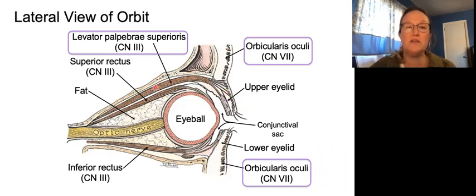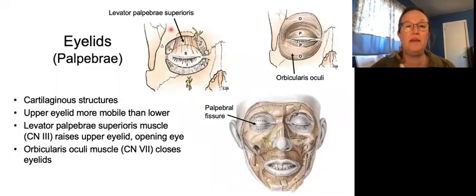So when this muscle contracts, it's going to shorten and it's going to pull that upper eyelid up, opening the eye. Okay, so that's called levator palpebrae superioris because it lifts, like elevates the upper eyelid. That, like most of the other extraocular muscles, is innervated by the oculomotor nerve.